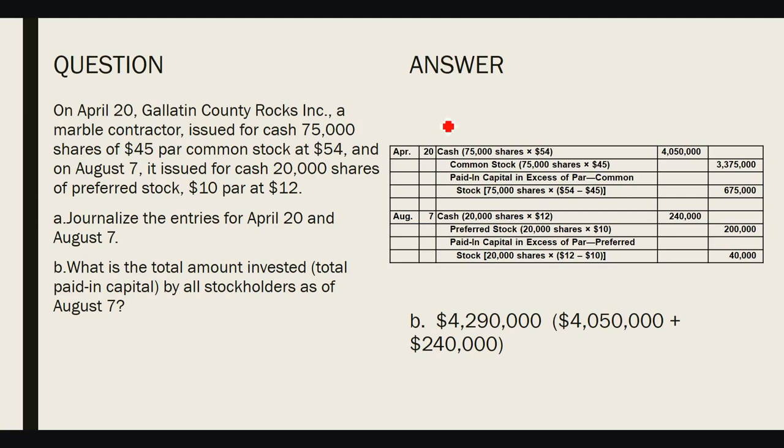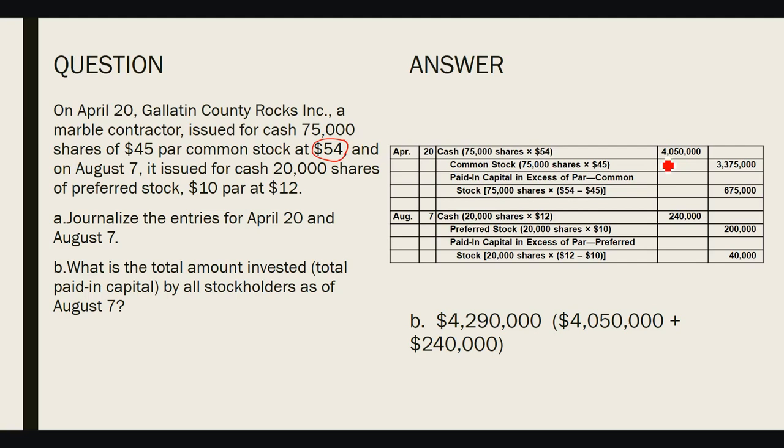When we look at the first one, the company issued 75,000 shares of common stock at $54. Remember, the cash that comes in represents the dollar amount that we sold each share for, and we sold each share for $54 based on the market value.